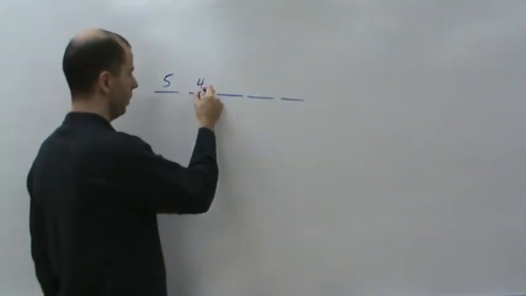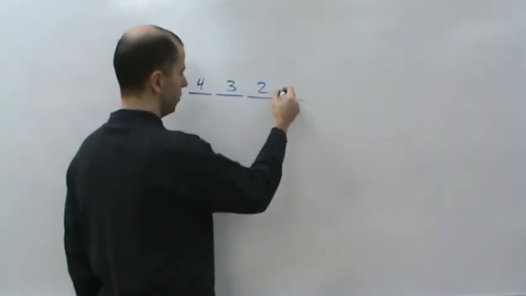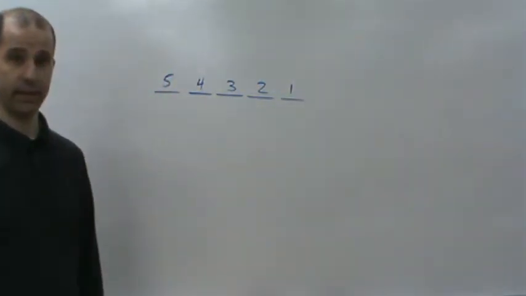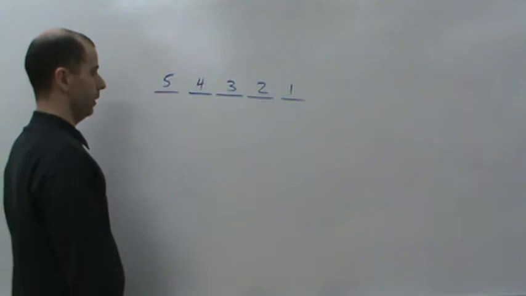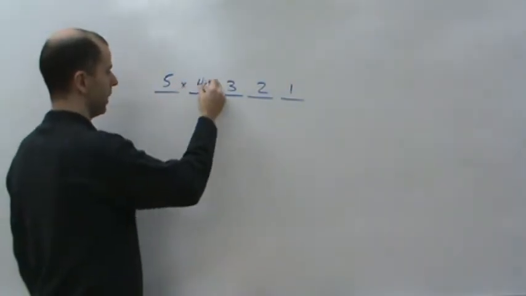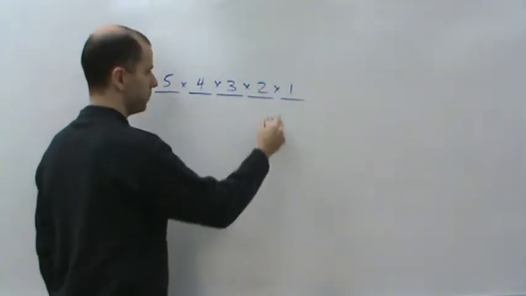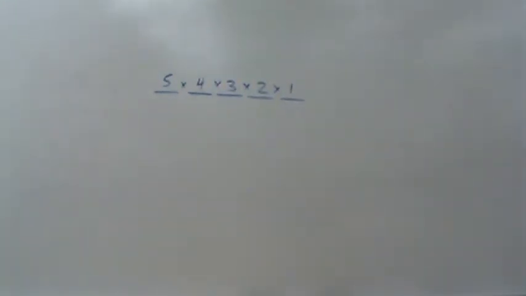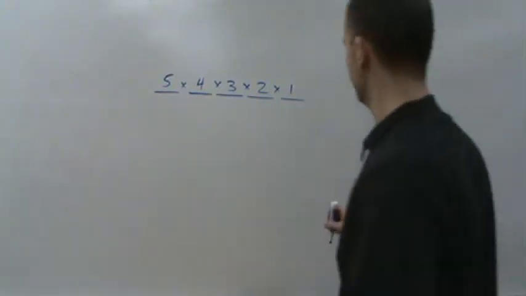So that means 4, and then followed by 3, 2, and then of course the last person is last, right? That's only one option. So now the fundamental counting principle says that how many different ways can I pose people or line people up for a photograph? Well, using this, it's going to be 5 times 4 times 3 times 2 times 1. 120 ways, right?